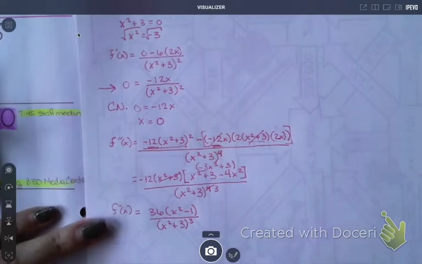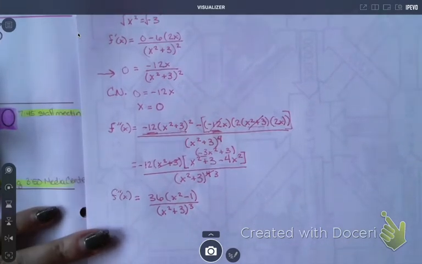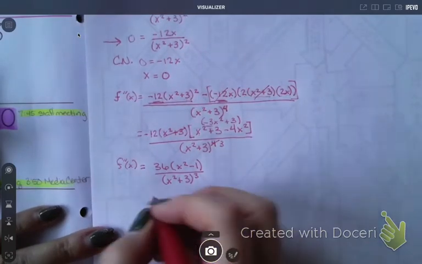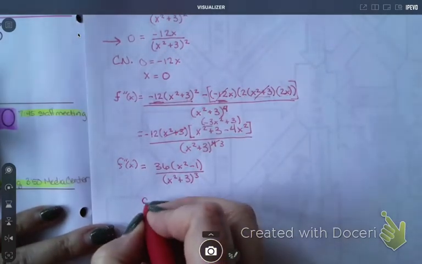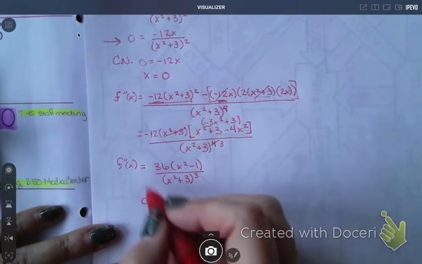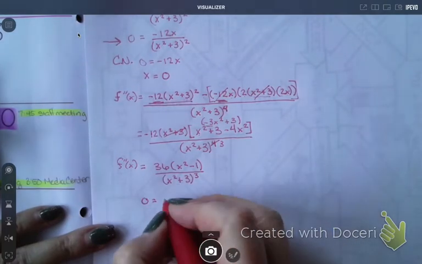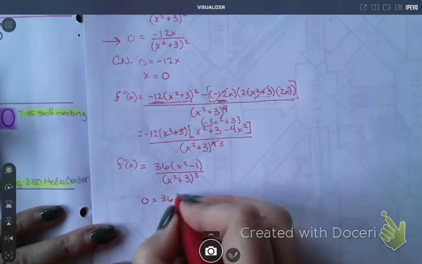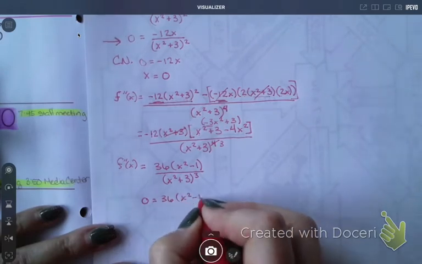So, from there, I need to set that equal to 0 again. When I set it equal to 0, do I need to worry about the denominator? No, because 0 times the denominator is still what? 0. So I get 36 times x squared minus 1.